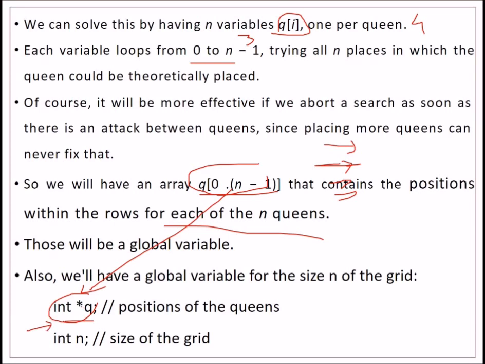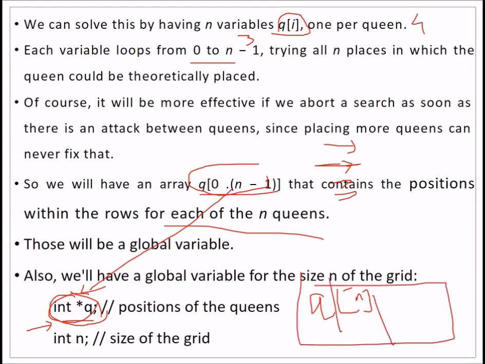This type of declaration is exactly equal to q and whatever number you want, n or say, So by this we are trying to dynamically allocate it, and this q will point to the first value of the array. So it will contain the address of the first value of the array. N will be the size of the grid, that is, we have 4. In our example we have 4, so this n will be 4.